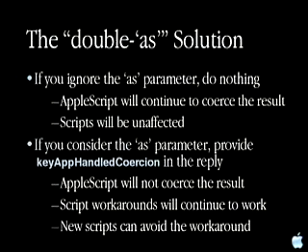So we've got a solution, and the solution is, in your applications, if you handled the as parameter, all you have to do is put an optional parameter in the reply of the getData event saying, I handled the as parameter. And AppleScript will look at that and say, hey, somebody handled the as parameter, and it won't try to do the coercion again. It's actually very straightforward.